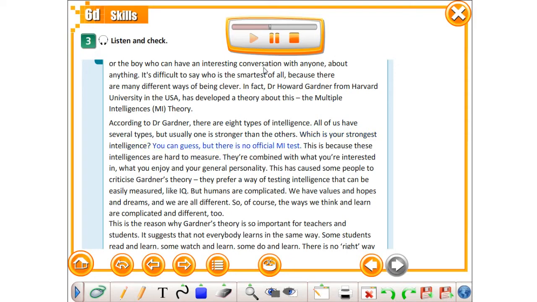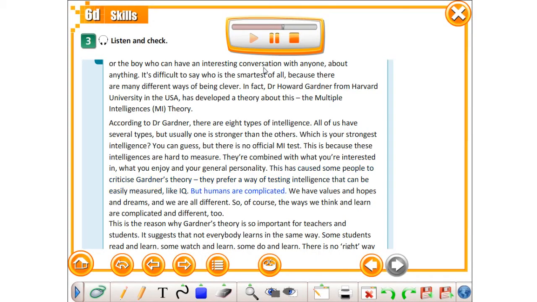You can guess, but there is no official MI test. This is because these intelligences are hard to measure. They're combined with what you're interested in, what you enjoy, and your general personality. This has caused some people to criticize Gardner's theory. They prefer a way of testing intelligence that can be easily measured, like IQ.